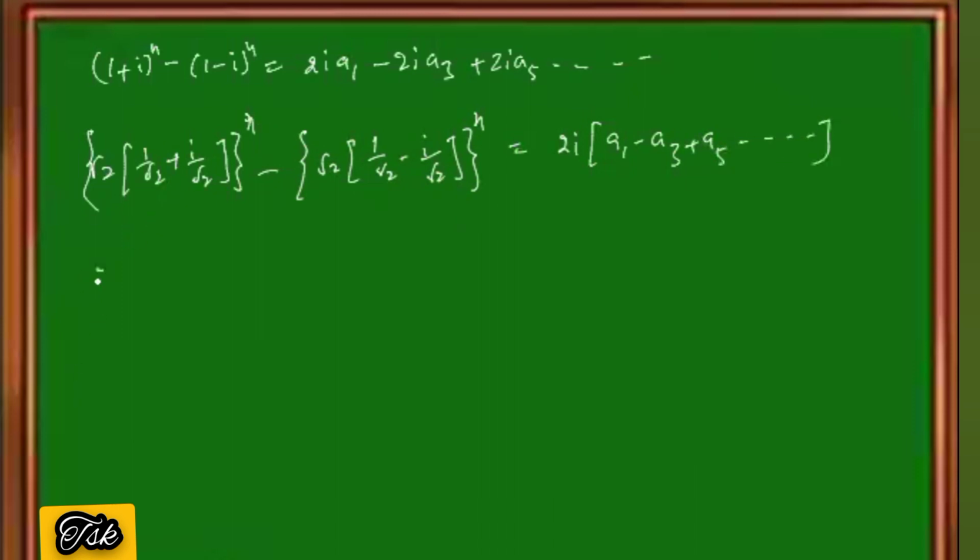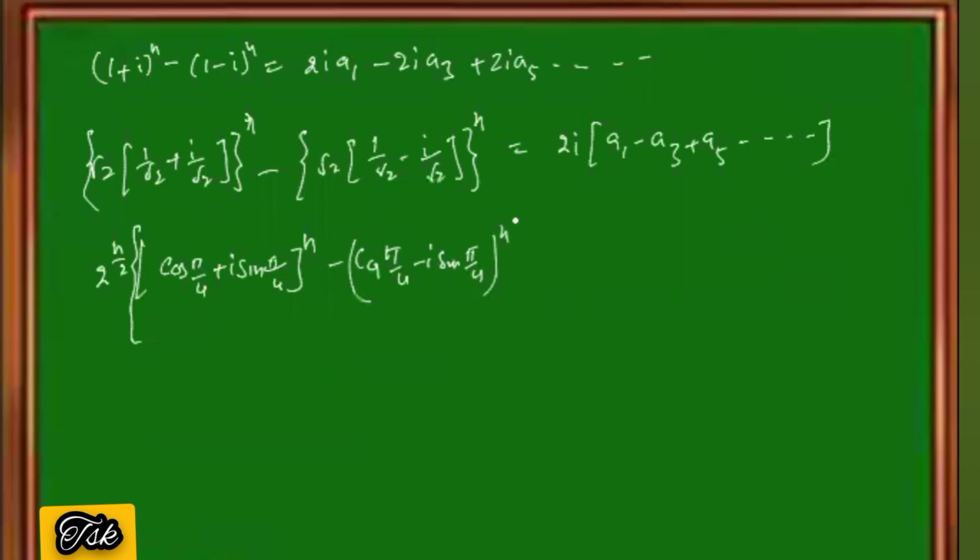This can be written as 2 to the power of n by 2 common. There is (cos pi by 4 plus i sin pi by 4) whole to the power of n minus (cos pi by 4 minus i sin pi by 4) whole to the power of n is equal to 2i into (a1 minus a3 plus a5, so on).